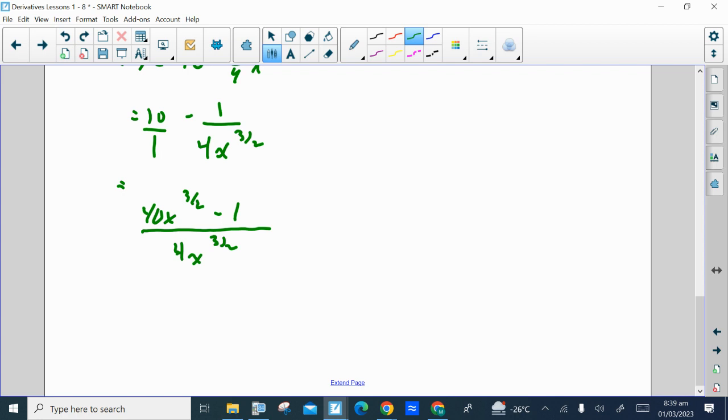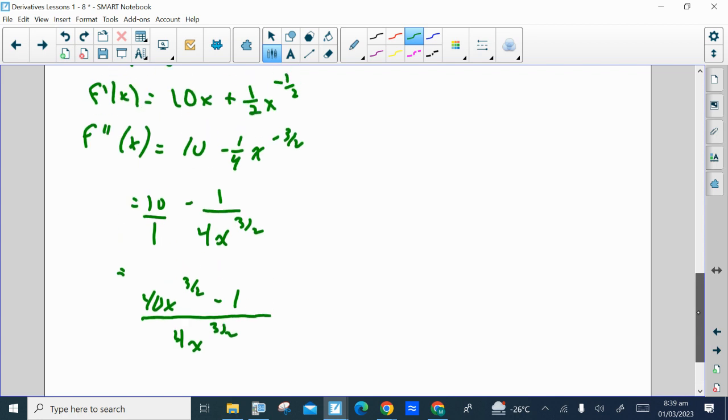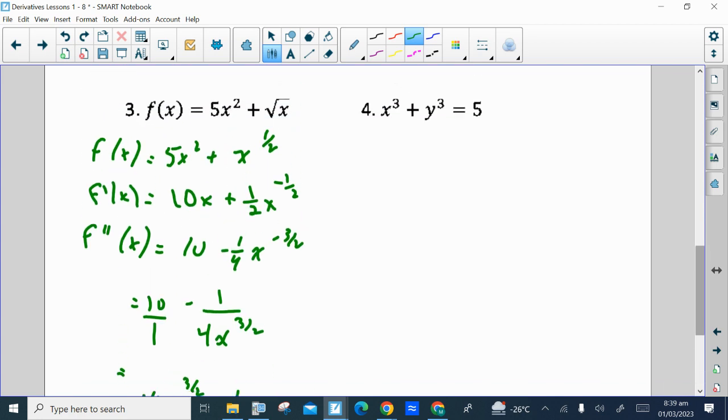You also, in this case, could multiply top and bottom by x to the negative a half, because when you multiply x to the 3/2 times x to the negative a half, you add the exponents, you get x to the 2 halves, which is x to the 1, or just x. Then you'd have a negative exponent on that second term on top, so you'd want to deal with that as well. So there's a few things you could do in order to take that further.